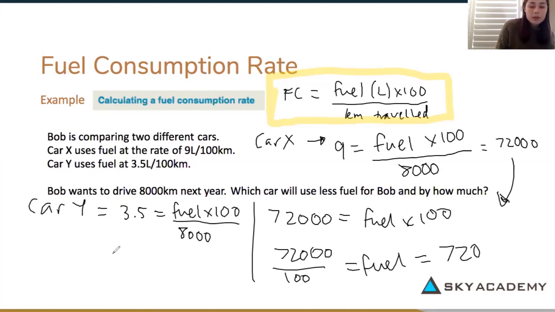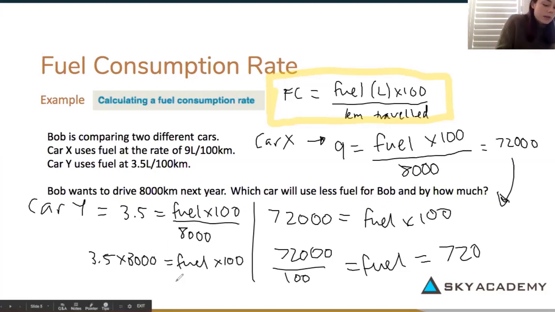So I'm going to do 3.5 times 8,000 to get fuel times 100. So 3.5 times 8,000 is going to be 28,000 equals fuel times 100. Then I'm going to divide by 100 to get my fuel, which is going to be 280.